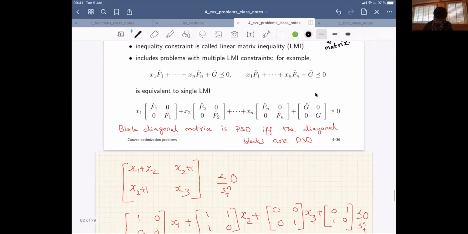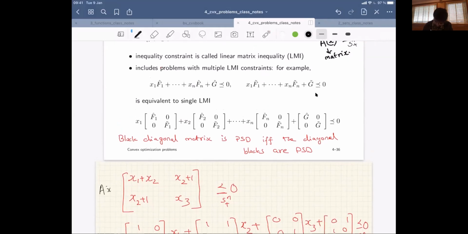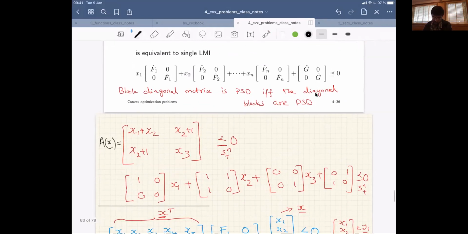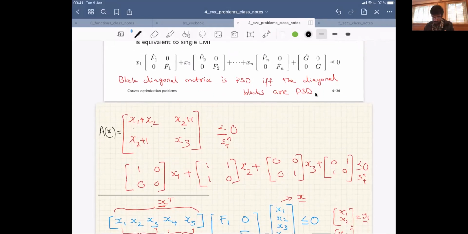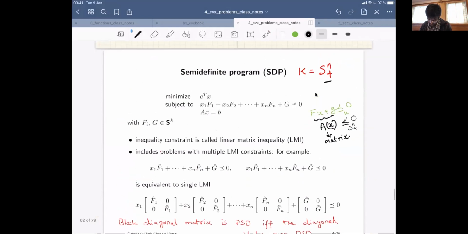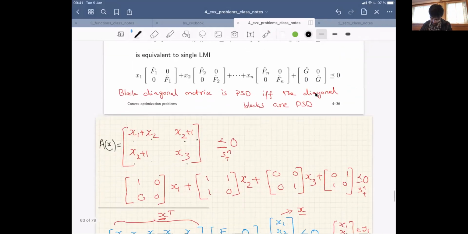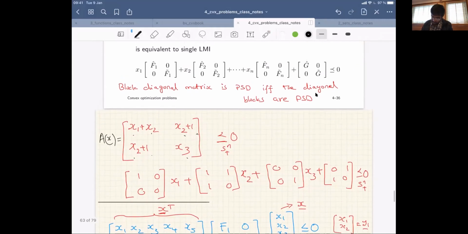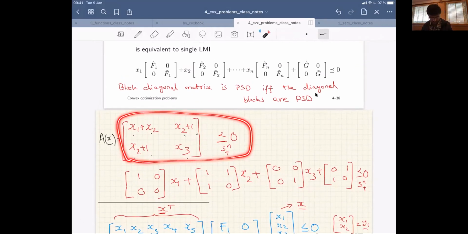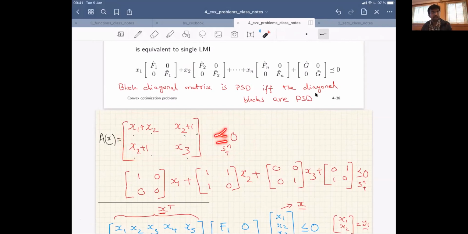Let's take an example. Here we have A(x), a specific example: x1 plus x2, x2 plus 1, x2 plus 1, x3. In this specific example, this matrix, which is a function of x, is negative semi-definite, meaning all the eigenvalues are less than or equal to 0.